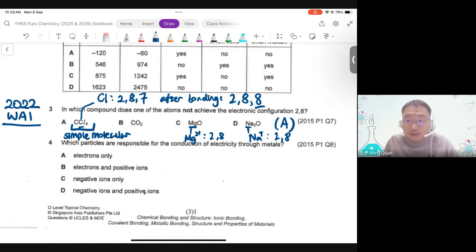So let's start. Question 4. Which particles are responsible for the conduction of electricity through metals? Let's start. Okay, very good. People are thinking, I hope.